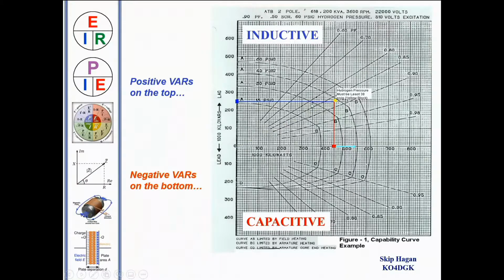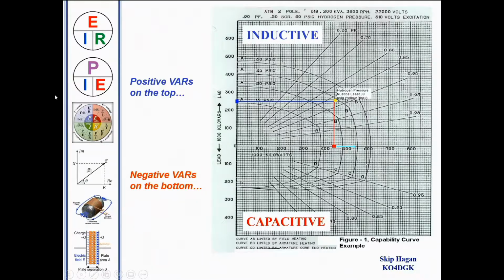What we would have here, this 0 VARS, the blue line would go away. We'd have 0 VARS, and we go out to this same D curve, and this blue line shows how much additional power we could carry without overheating the machine.